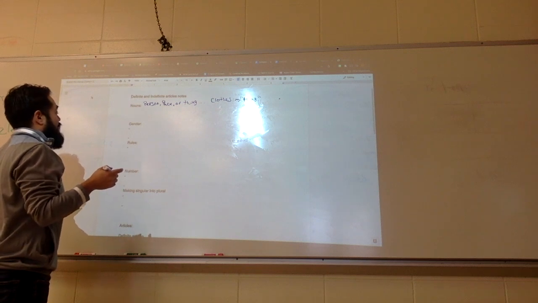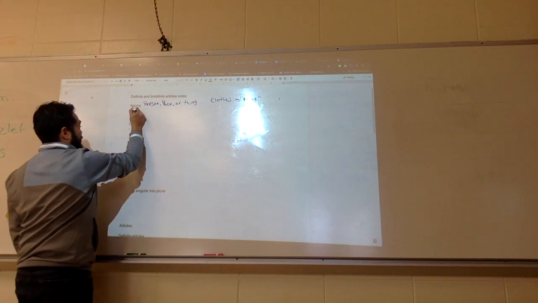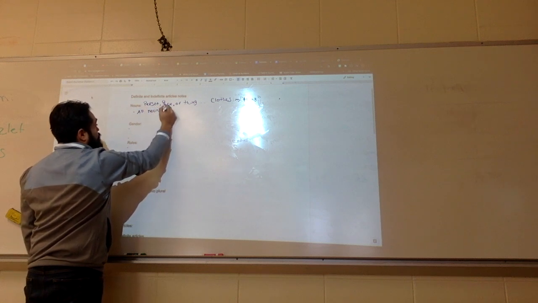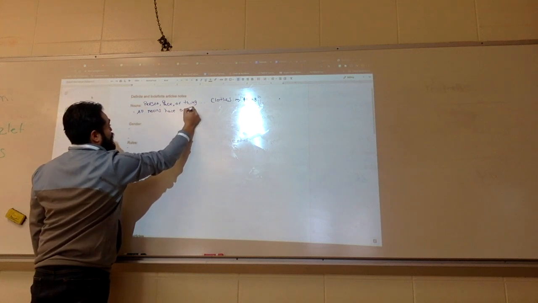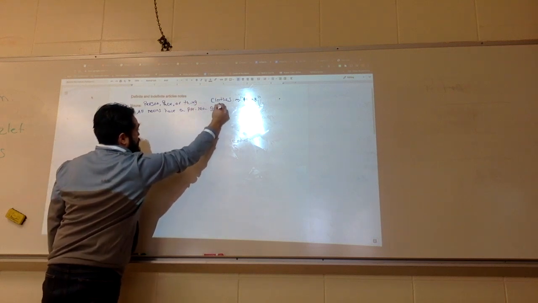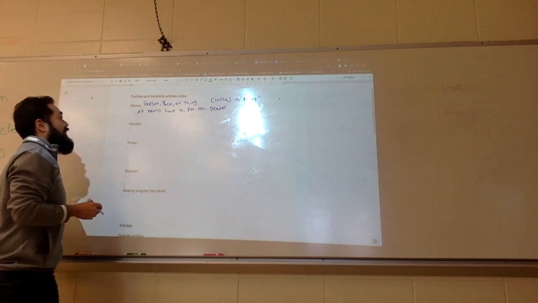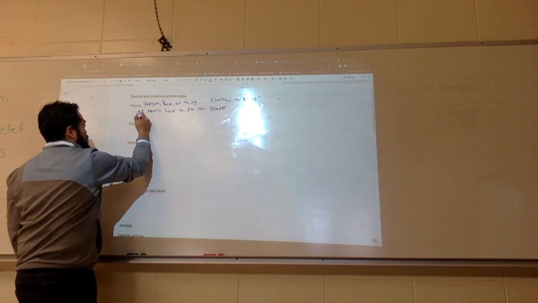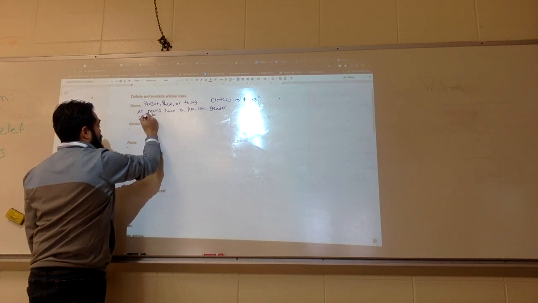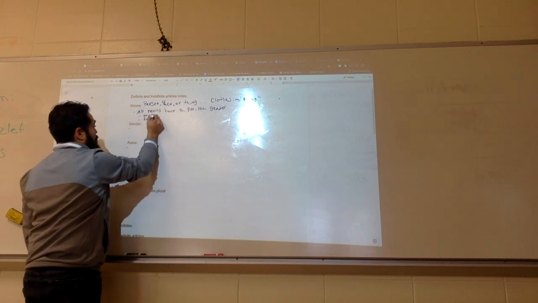Now, what we need to understand is that in Spanish, all nouns have a preset gender. All right, meaning every single noun in Spanish is either male or female.